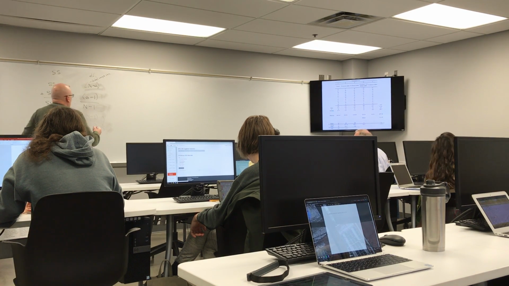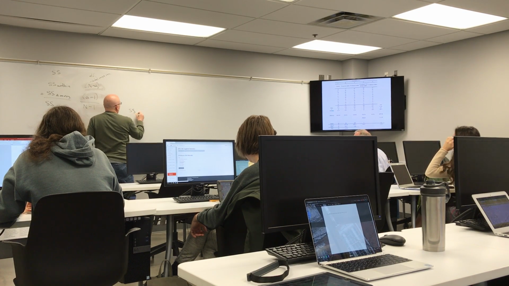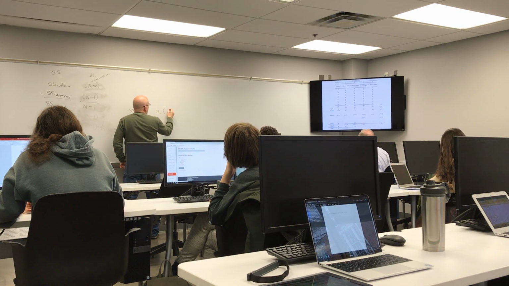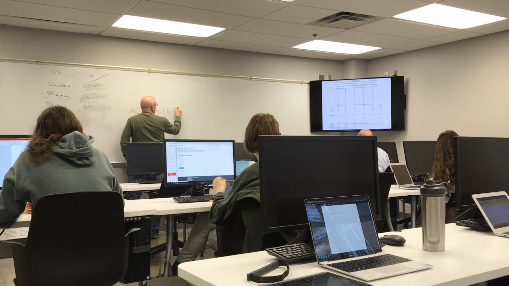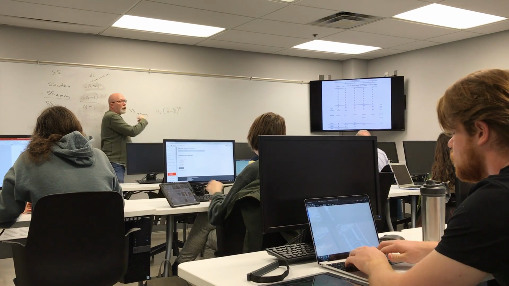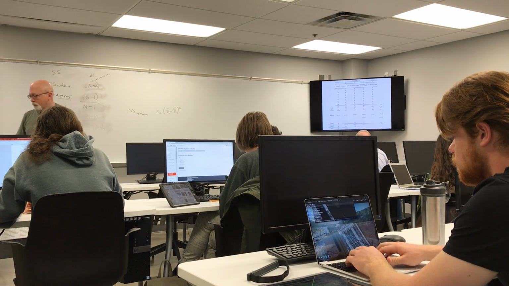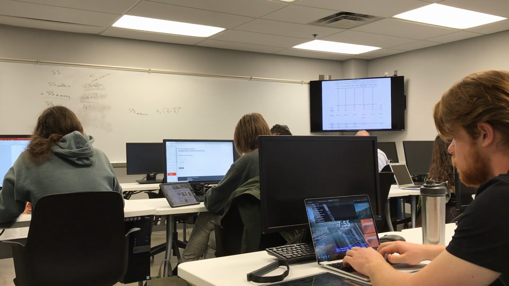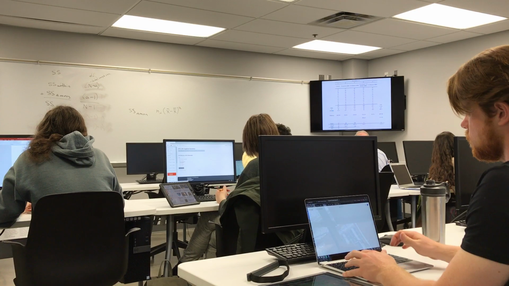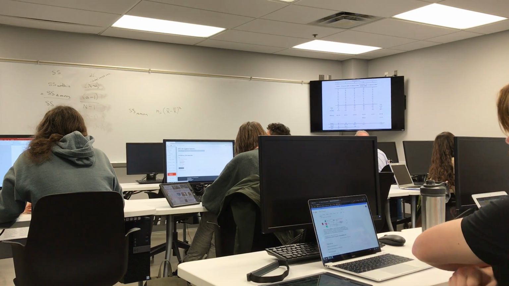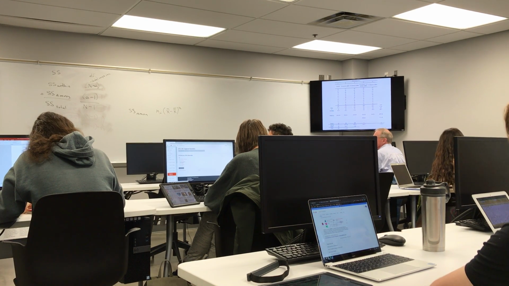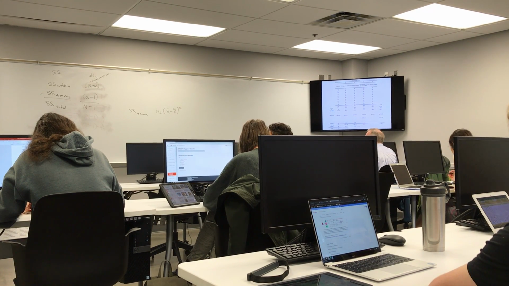So the sum of squares among is the sample size times the mean minus the grand mean squared, summed across all of the sample means. So 70.1 minus 61.94 squared multiplied times 10 is what this should be. 59.3 minus 61.94 squared times 10 is what this should be.